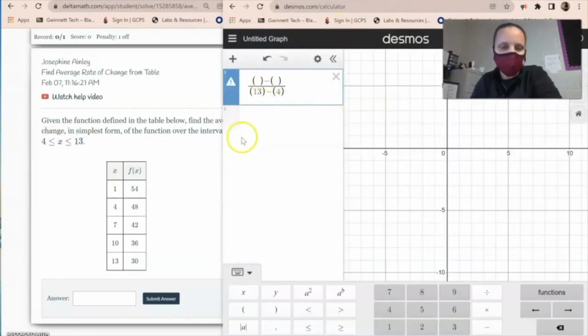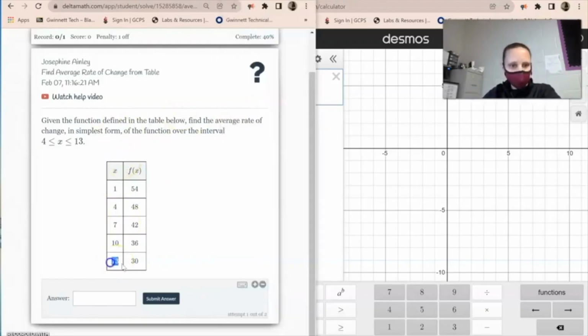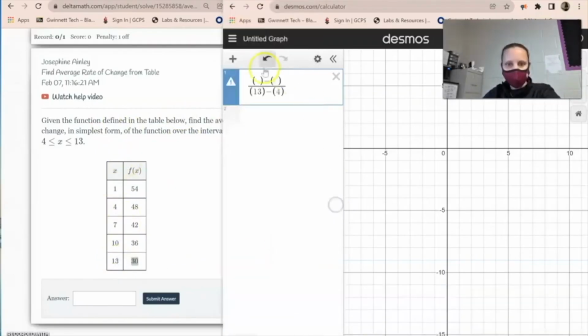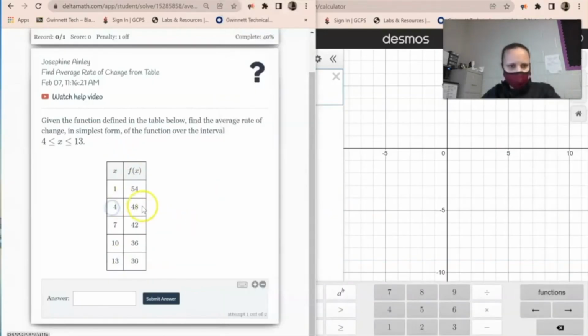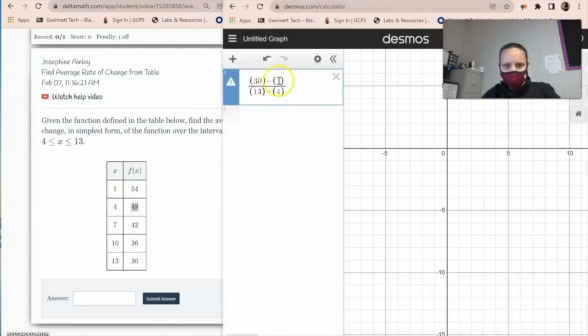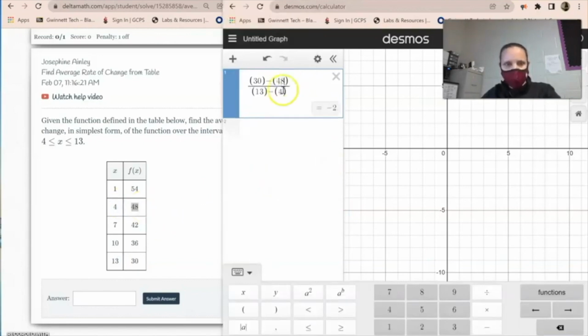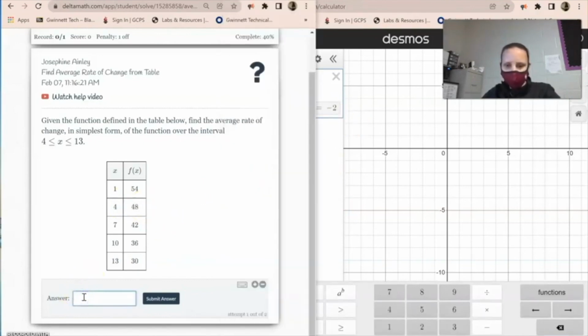So x on the bottom. Then all you have to do once you put that in is match it for the y. So I'm going to go look for 13 in the table. Right here, what's the y value? 30. So you're going to match that to 30. Then you're going to match 4. What are you going to match 4 to? 48. Once you put it in, that's your answer. You're done.